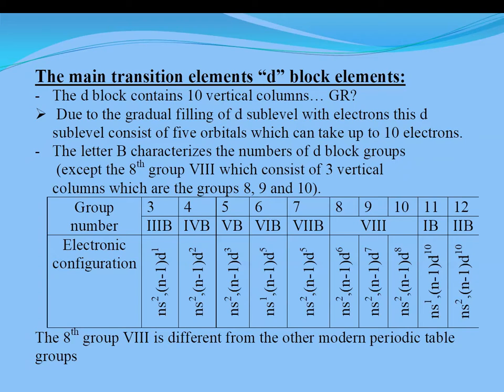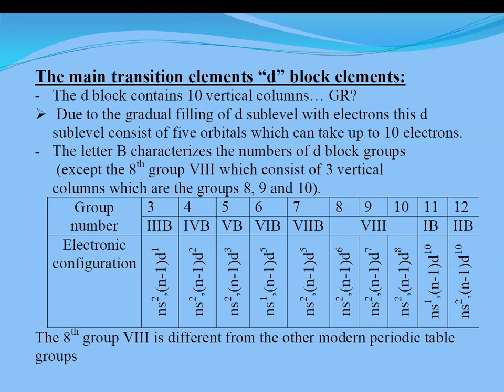That's because they have nearly similar chemical and physical properties. For example, in the fourth period, we have iron, cobalt, and nickel. All of those have nearly the same physical and chemical properties.